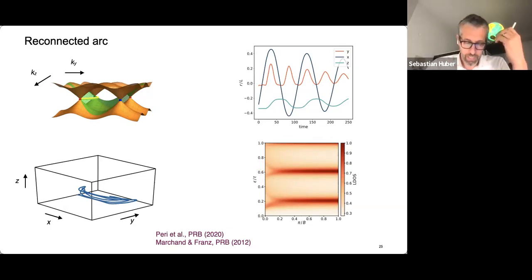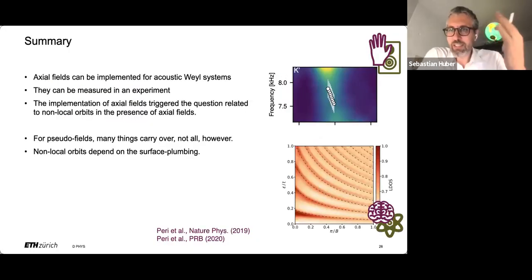So that kind of summarizes what I wanted to say on axial fields. It was about driving a unidirectional channel in a bulk material for classical waves. That's what we set out to do, what we wanted to have. And we found that one can do that with what people call axial magnetic fields, and we found a way to implement them in a classical system.